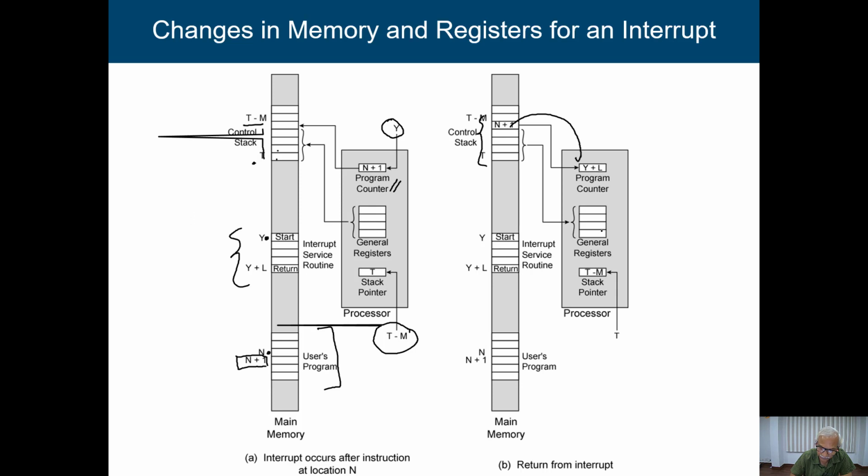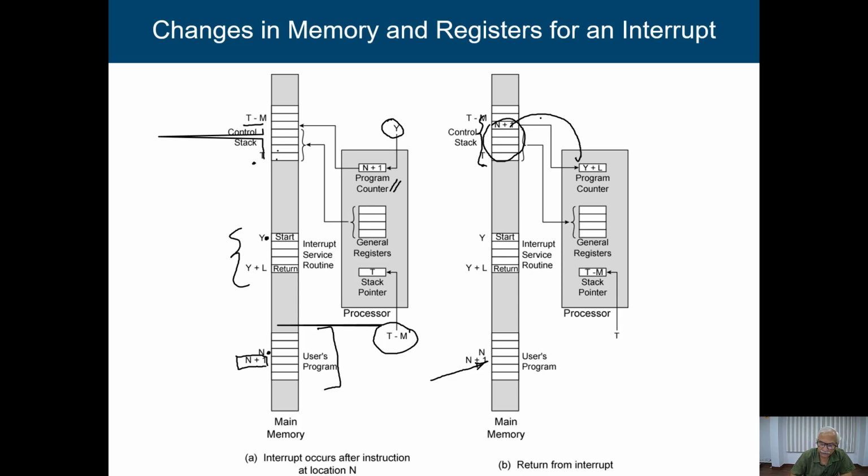All the register values will be restored, and since I am popping them out, the stack pointer will be restored. It will become T again. Whatever we have stored related to this activity will all be restored back, and now the program is going to start from n plus 1.